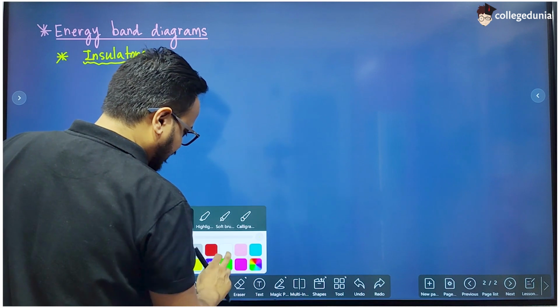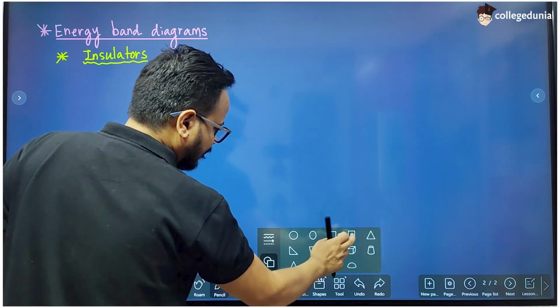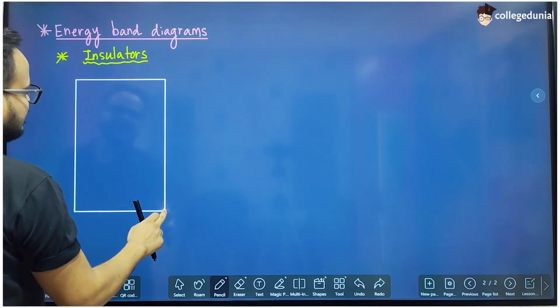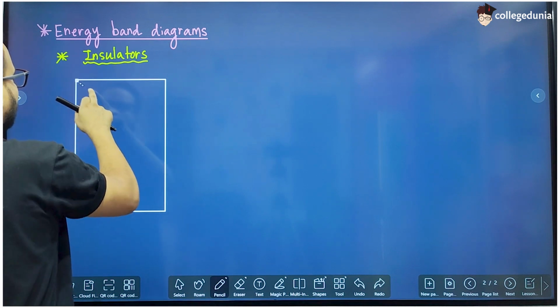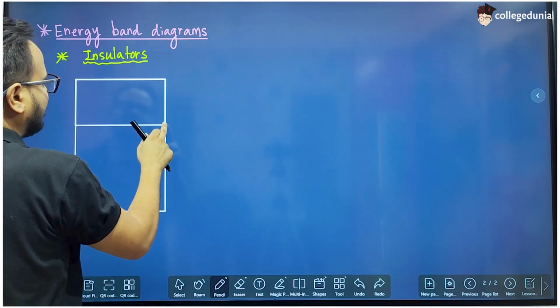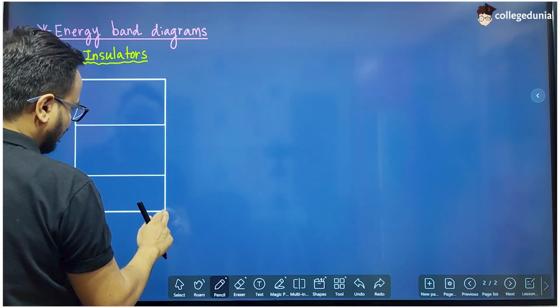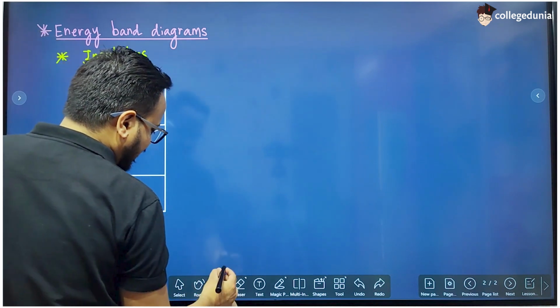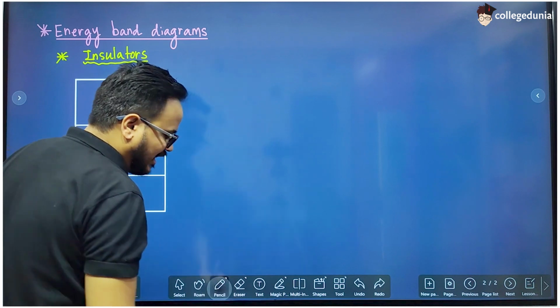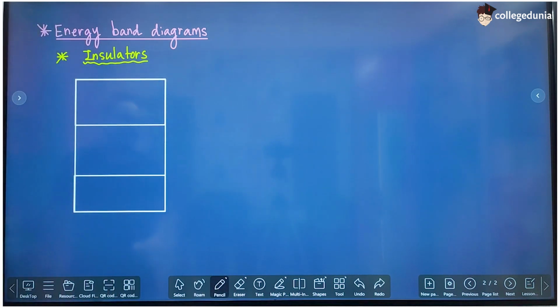In case of an insulator, this is the energy band diagram: this is the conduction band and this is the valence band, right? Energy band diagram means we are showing the energies of the electrons.